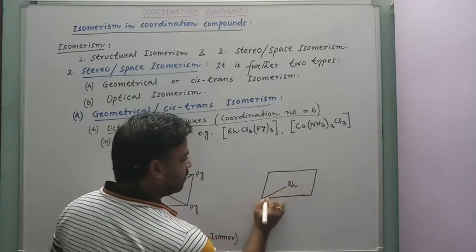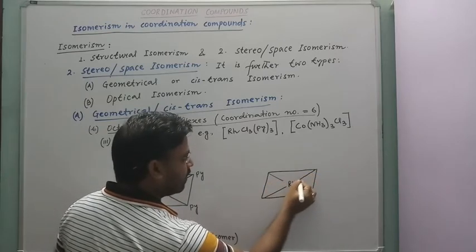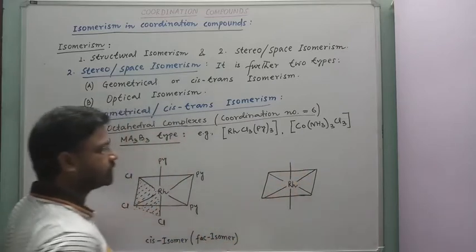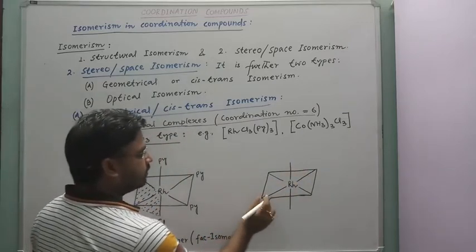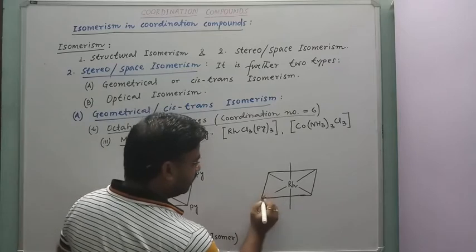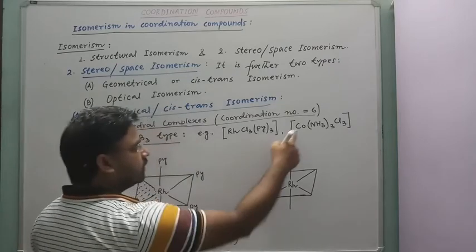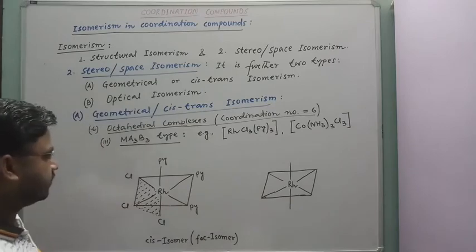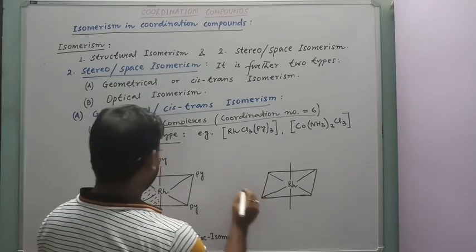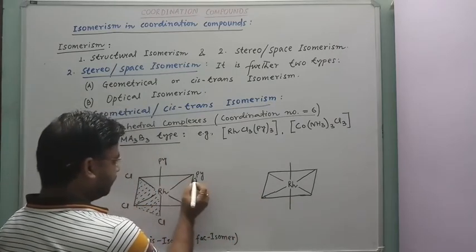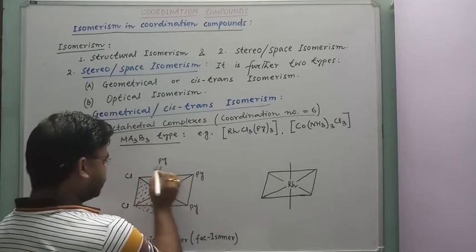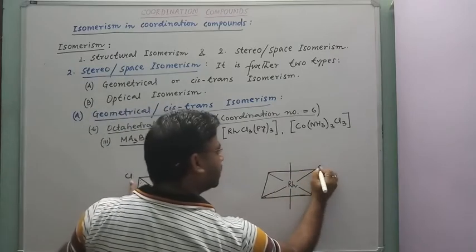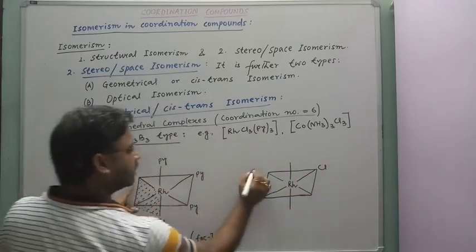Similarly, rhodium central atom, coordination number 6, Cl3. Now here, these two change their position. So Cl here and Py here.